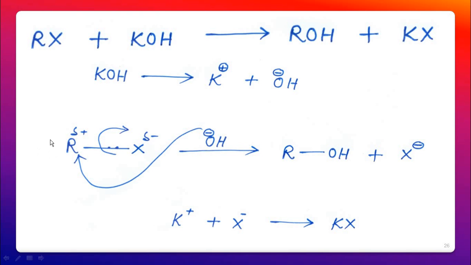So this carbon is electron deficient. So the nucleophile attacks the electron deficient carbon of the alkyl halide, thus substituting the weaker nucleophile by OH. So this reaction is a nucleophilic substitution reaction because a weaker nucleophile is getting substituted by a strong nucleophile. So option D is the correct answer.